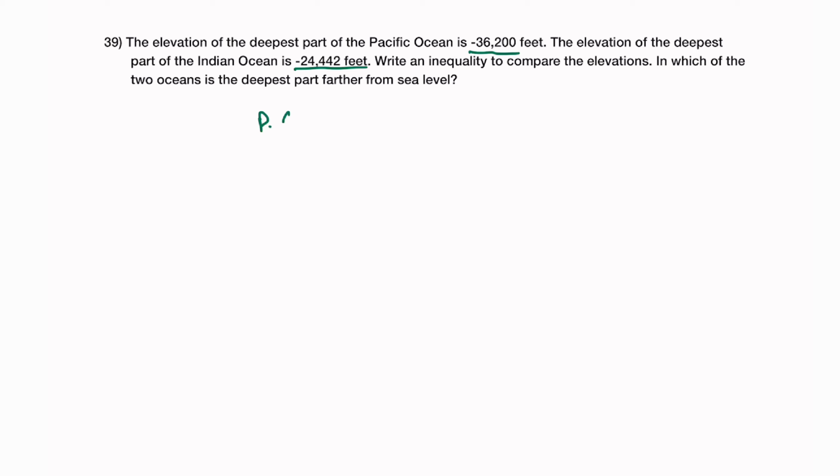Okay, so Pacific Ocean, it's minus 36,200 feet, and the Indian Ocean, it's minus 24,442 feet. Write an inequality to compare the elevations. Okay, so which inequality sign are we going to put here?